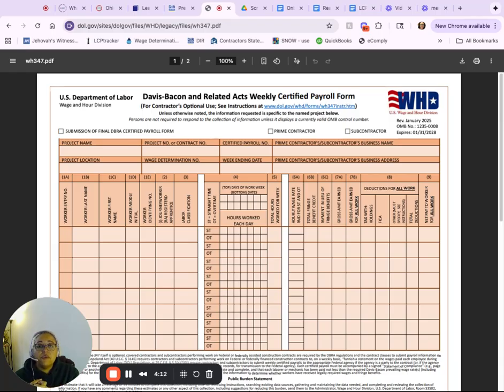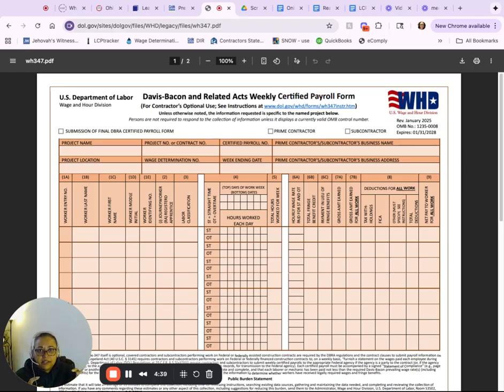It's also going to ask what was their hourly rate, what was their overtime rate, what were their taxes, and what were any fringe benefits that are going to be claimed, maybe 401k or health insurance. And then what did they get paid at the end of the week for all their work? So when you get a pay stub, you do not have to try to figure out, okay, they worked 8 hours on this job, then they worked 3.5 hours of overtime.